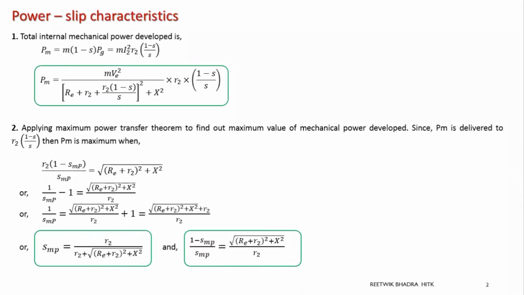M was the number of stator phases, which is 3. And what is PG? I2 square R2 by S. So PG is replaced by I2 square R2 by S, hence the formula becomes M I2 square R2 into (1 minus S) by S.